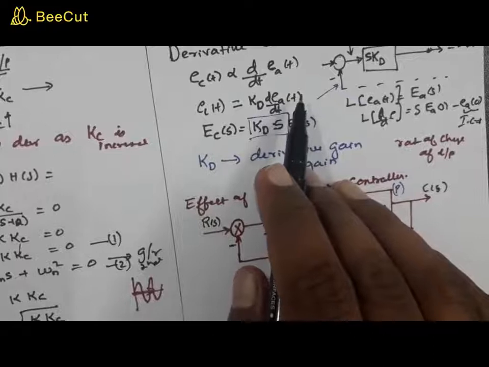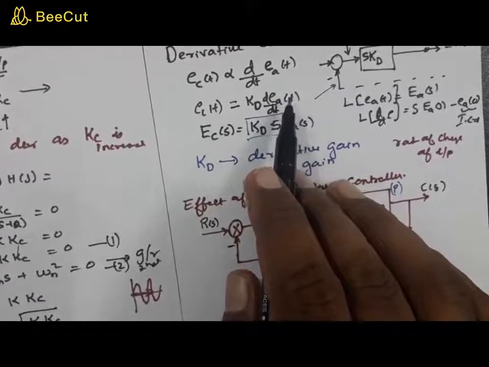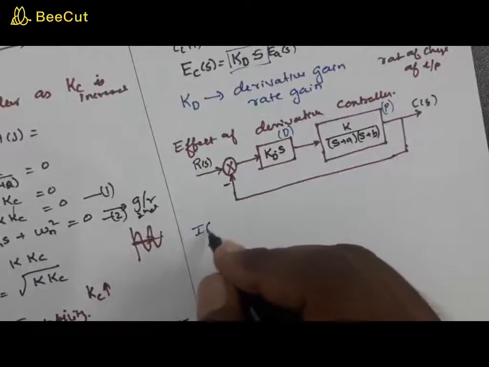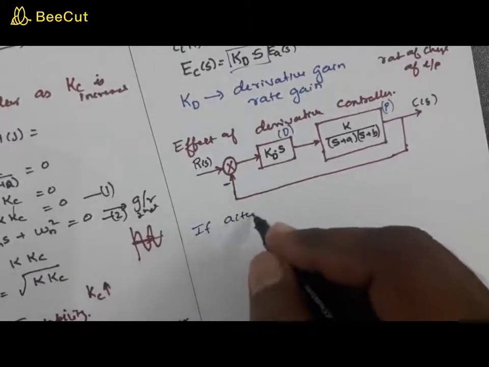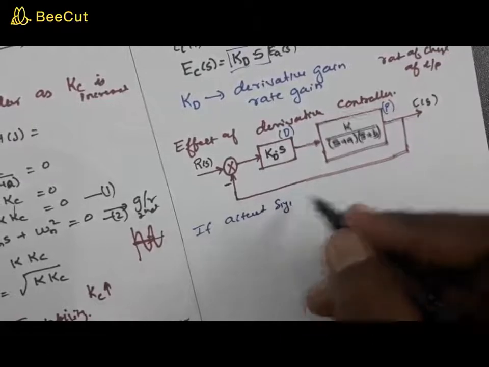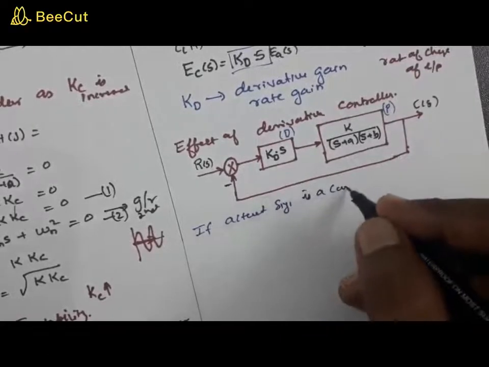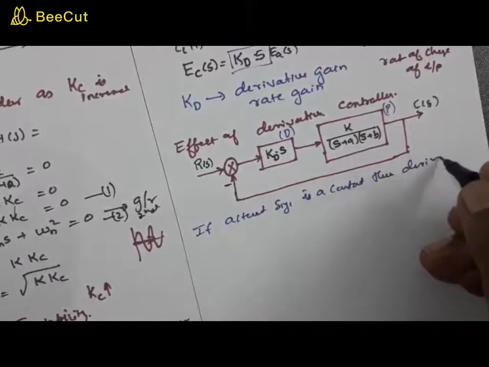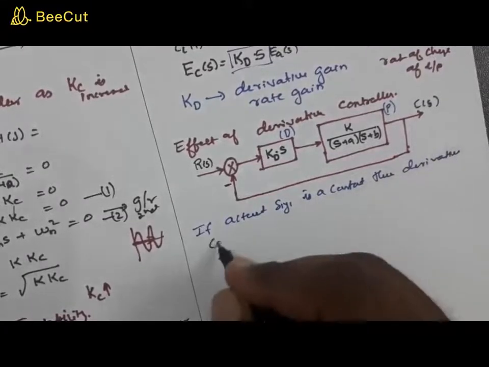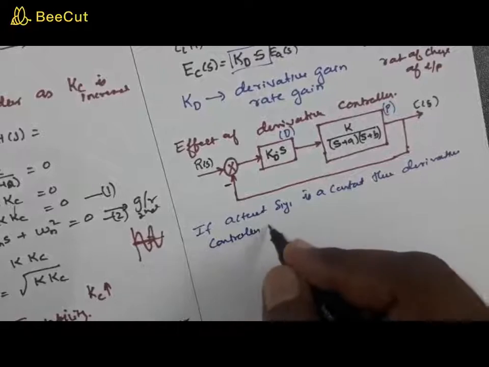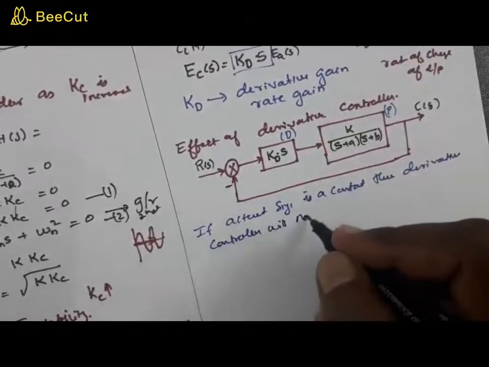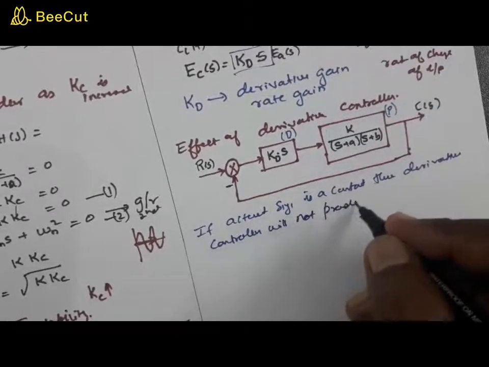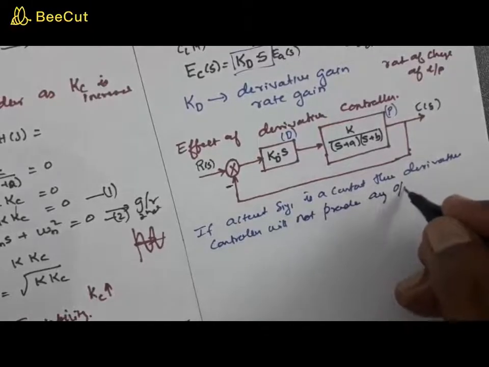So the derivative controller will not produce any output if the actuating signal is a constant. That's the number one point. Do you know the reason?